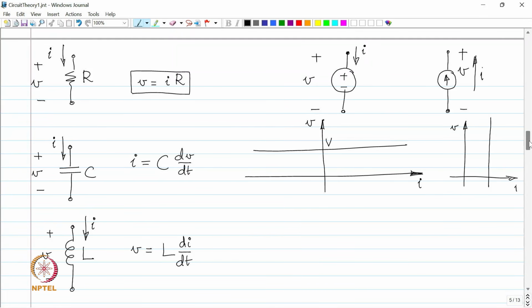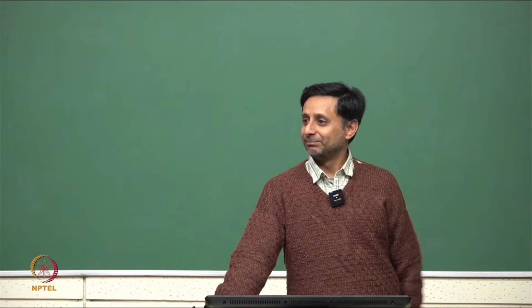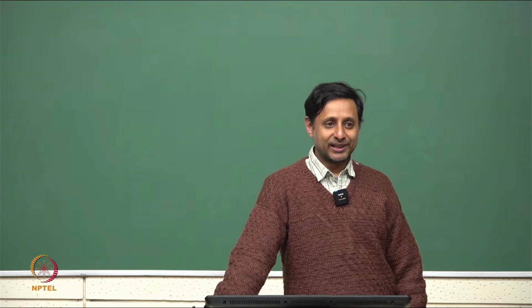I is always C dV by dt, V is always L di by dt. The other way round, you could have written it as V equal to integral I by C dt, but we do not want to write it that way. Okay. Why do not we want to write it that way? Because whenever there is an indefinite integral, there is an arbitrary constant that comes into the picture and we do not like arbitrariness, we like definite stuff.